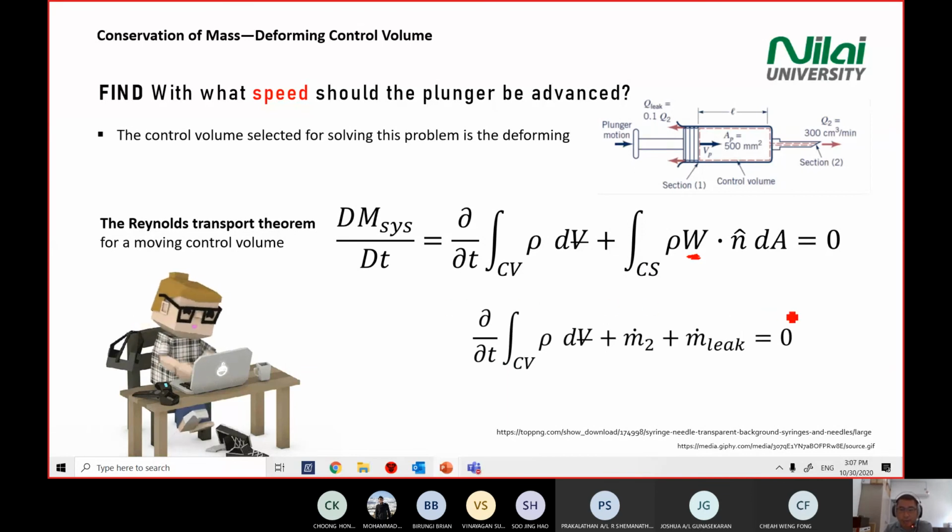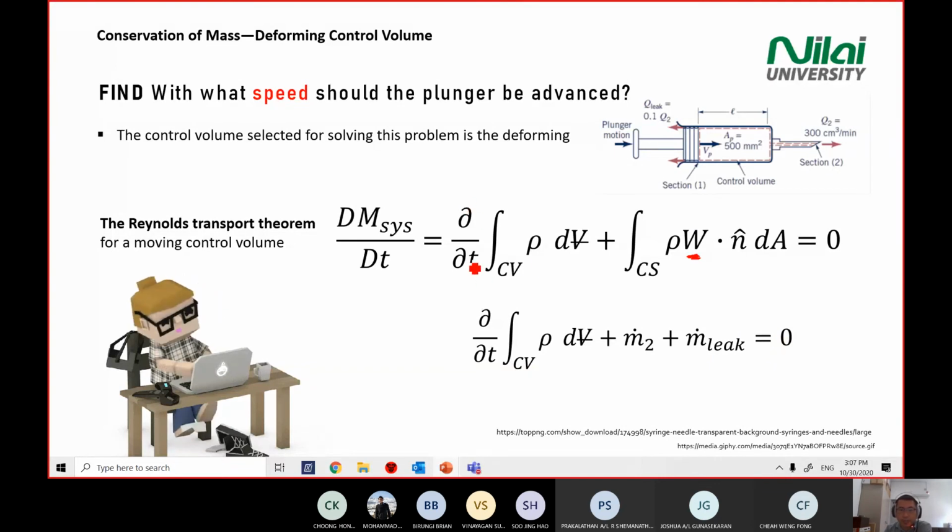We look at the first component first. Equal to 0 means the continuity equation applies, so whatever comes in will be the same as out. In this case, we consider the leak also. That's why our system can be 0. So this one we copy.